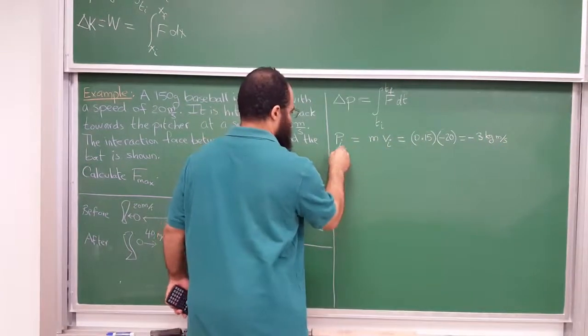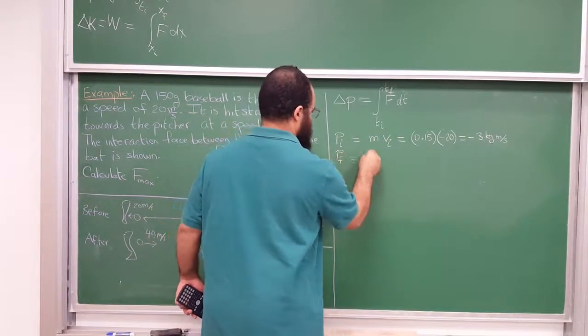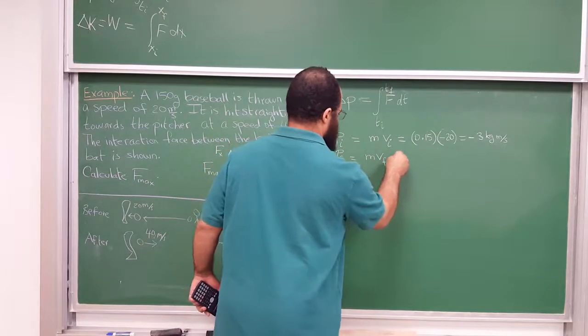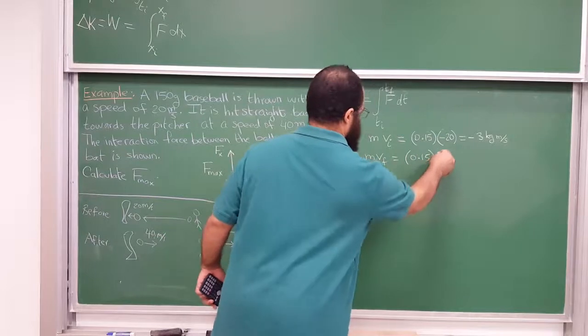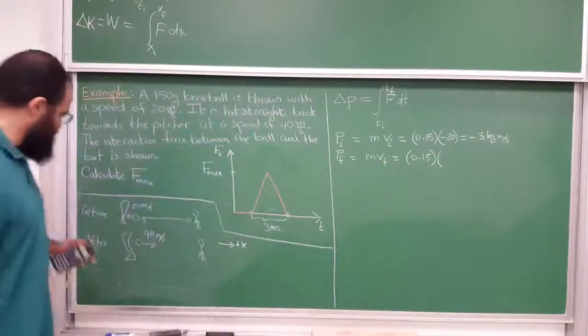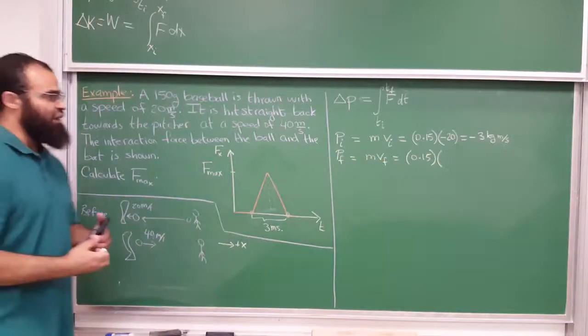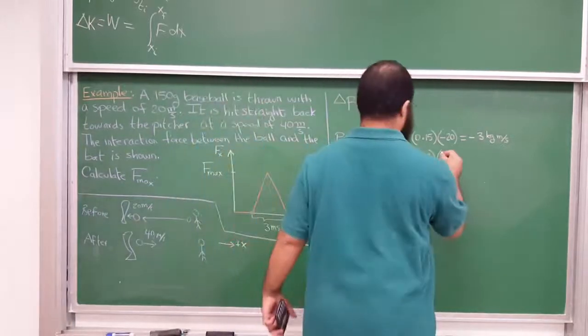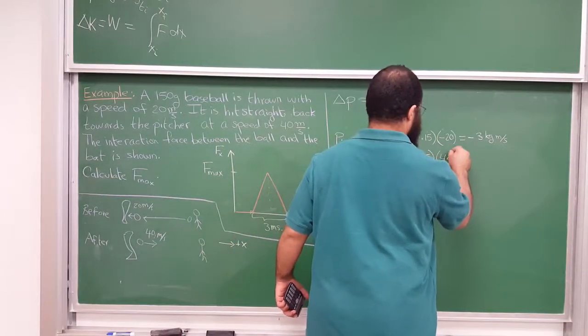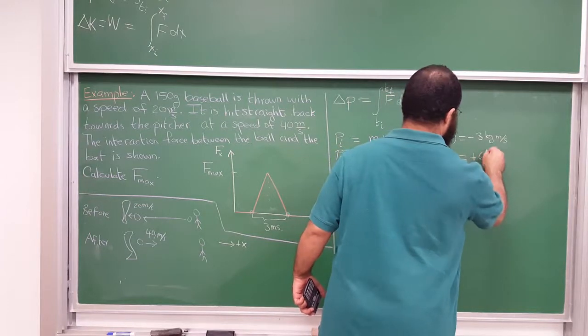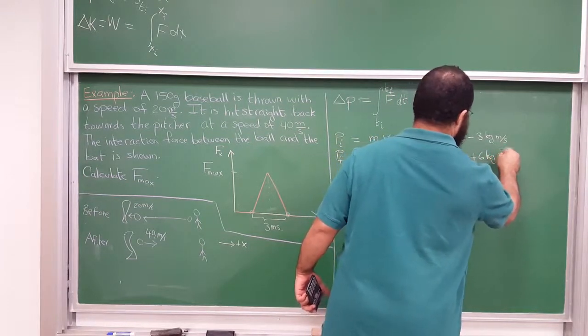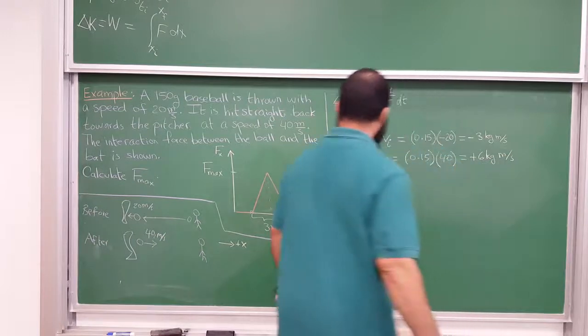And then P final will be the mass times V final. The mass is still 0.15. The final velocity was 40 meters per second to the right. So it's positive 40 because it's to the right. When you do this, you get positive 6 kilogram meters per second.